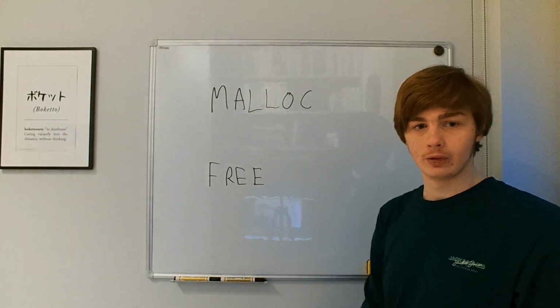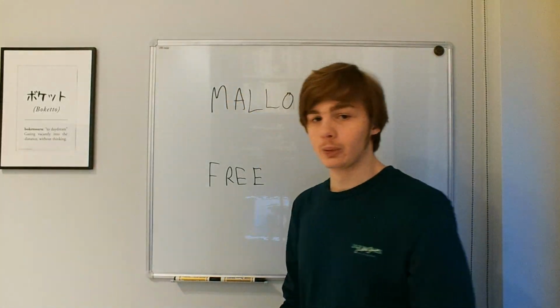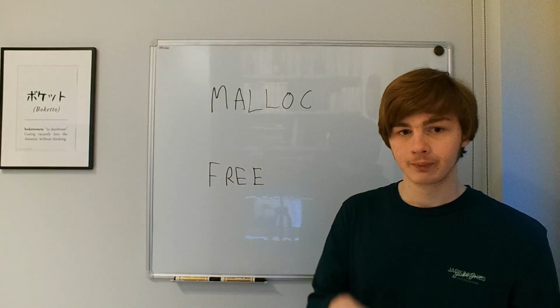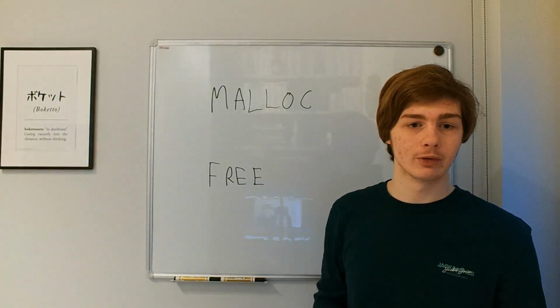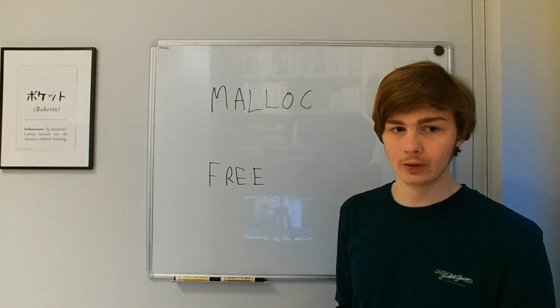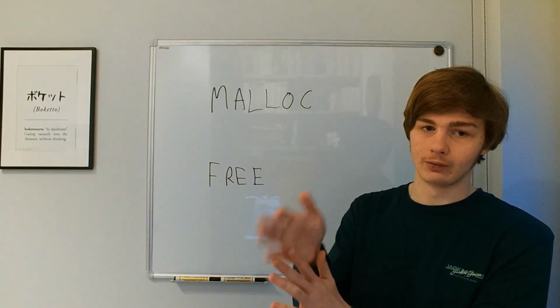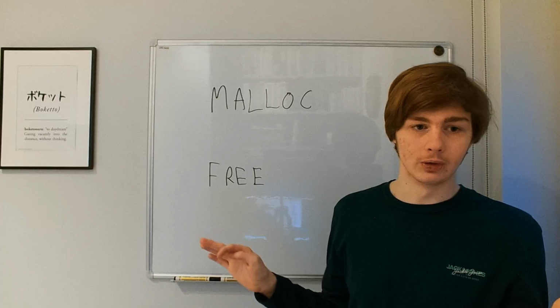And then the free primitive is a primitive that takes a given memory address, a base memory address of something that has been, for example, previously malloced, and now it will say, okay, this chunk of memory that was allocated at this memory address doesn't have to belong to me anymore.